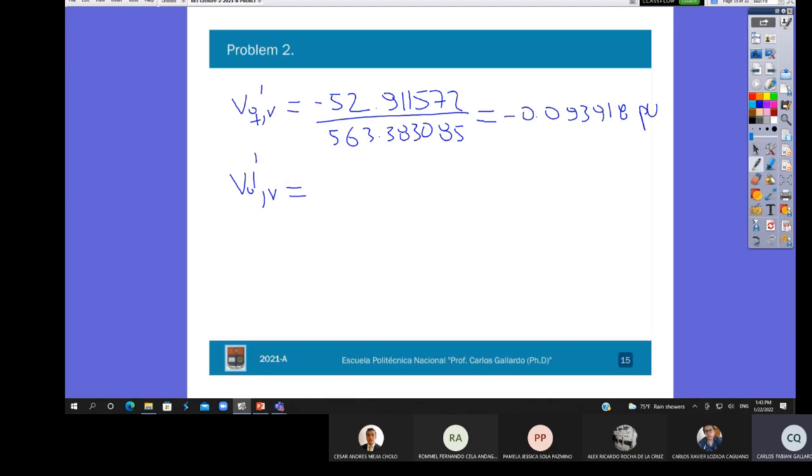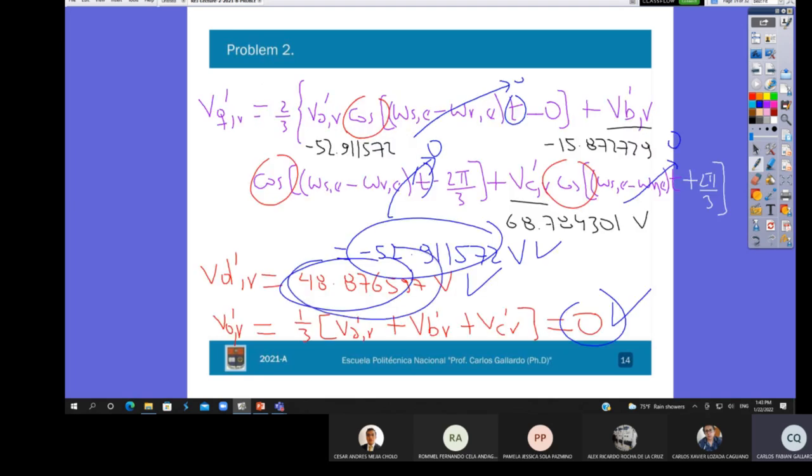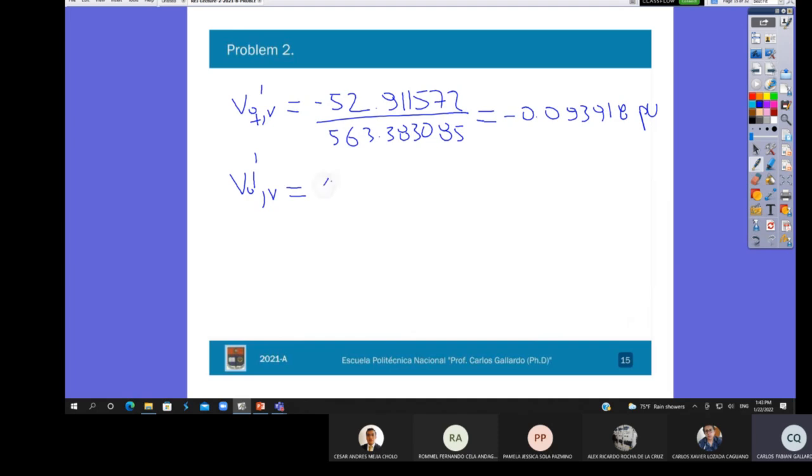What about the direct axis voltage? What is the actual value? It is 48.876597 over the base, 563.383.